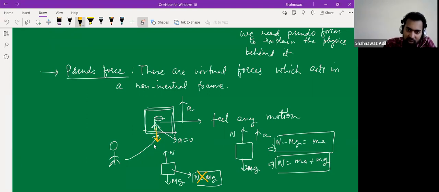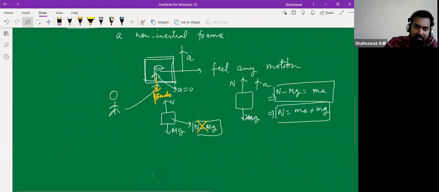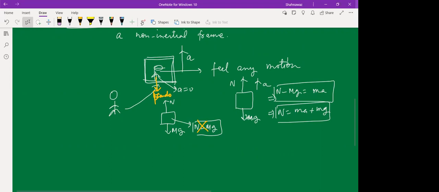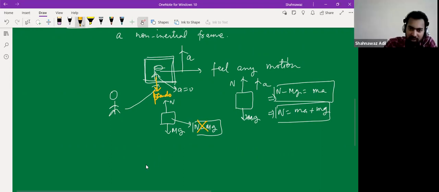So then what will be the second law of motion? It will be m into 0. Here this is F pseudo, and this is N.